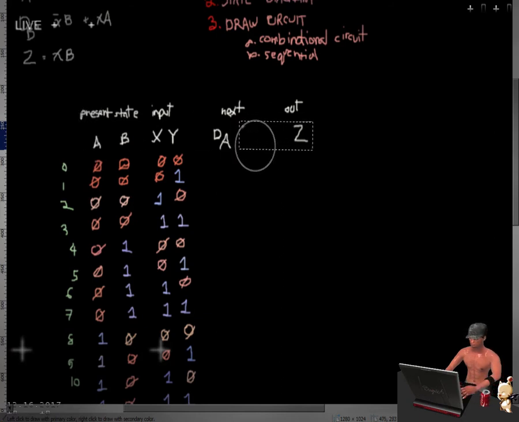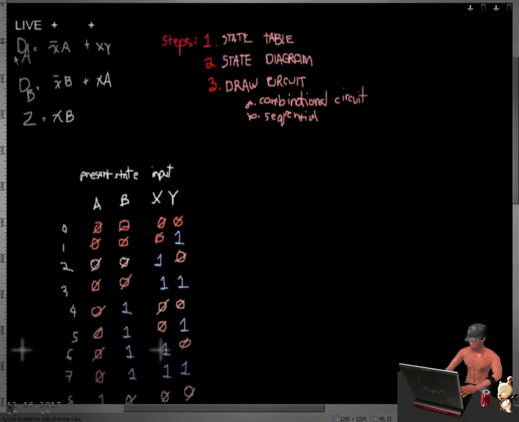I'm just going to delete all that. So basically here, we're going to rewrite. By the way, this is DA. Alright, this is a pain, man.